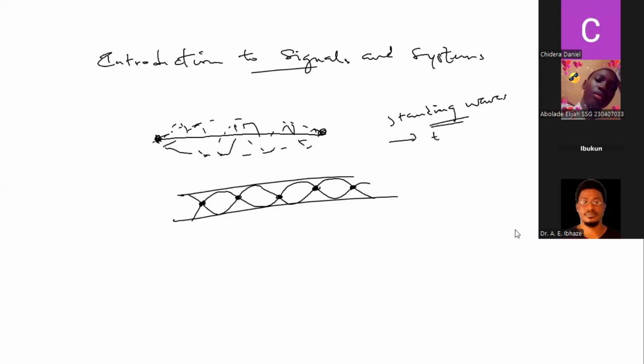Now, when we talk about current, we talk about charge in motion, right? It means direct current is in motion.